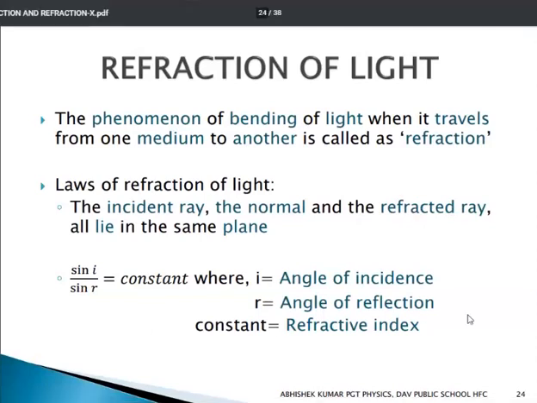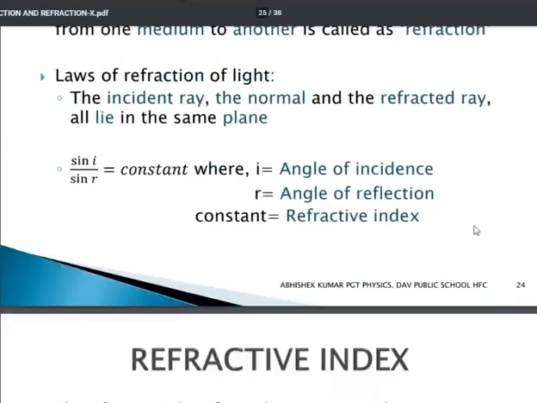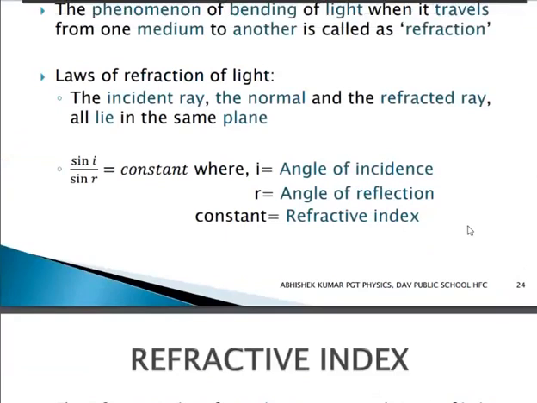Now, the second law is entirely different from the second law of reflection. So you must remember it, concentrate on the second law and memorize it again and again. The second law of refraction states that while light passes from one medium to another medium, the ratio of sine of angle of incidence to sine of angle of refraction is always constant.